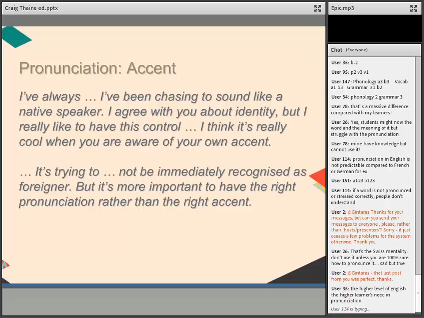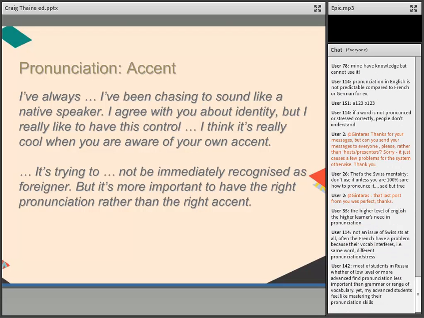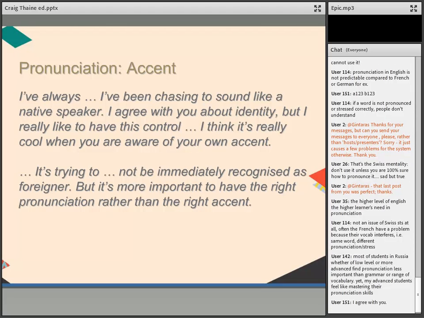So one of the learners said, I've been chasing to sound like a native speaker. She agreed that the identity of the accent of her first language is important. But what she wanted was this idea of control, that basically she could increase her accent or decrease her accent as she saw fit, and she would be able to attain a kind of neutral accent.